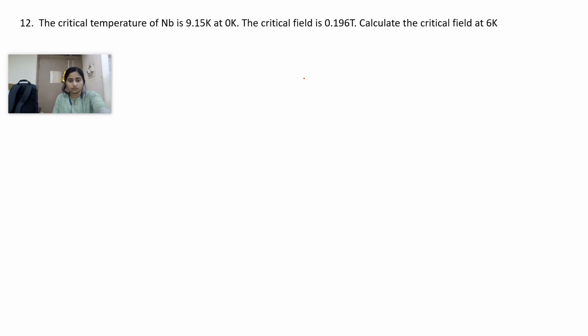The critical temperature of niobium is 9.15 Kelvin at 0 K, and the critical field is 0.195 Tesla. Calculate the critical field at 6 Kelvin. Here T and Tc are given and HC is also given, so just use our basic formula and try to solve it.